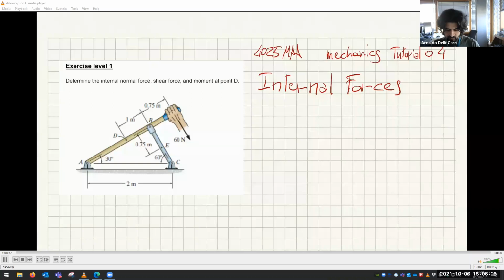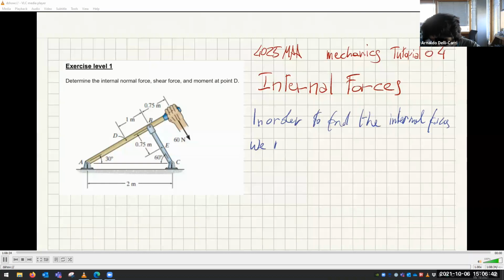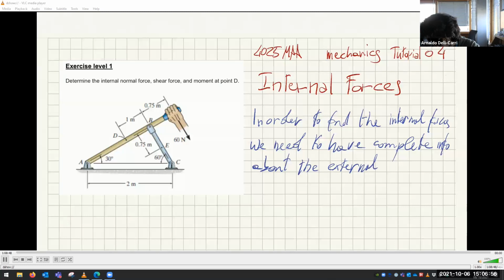Of course, in order to find internal forces, we need to have complete information about the external actions and reactions.